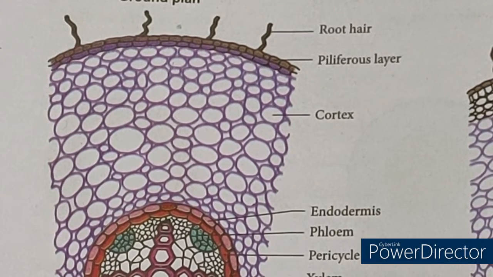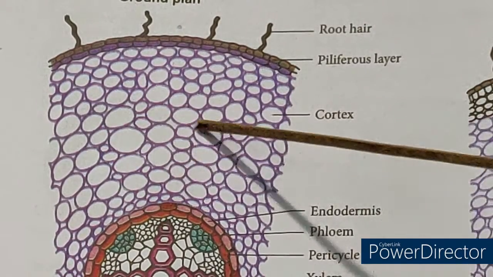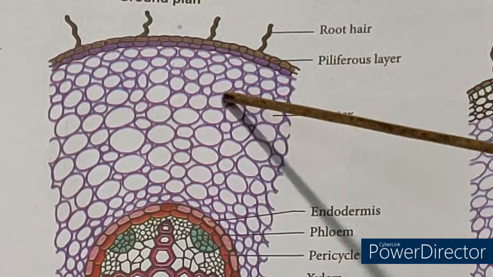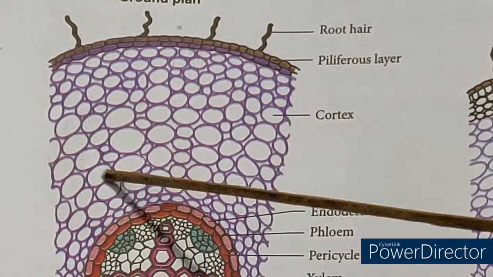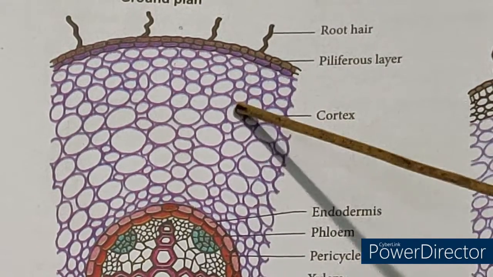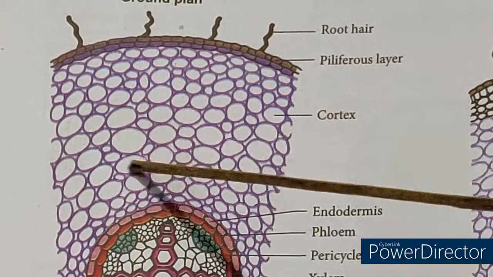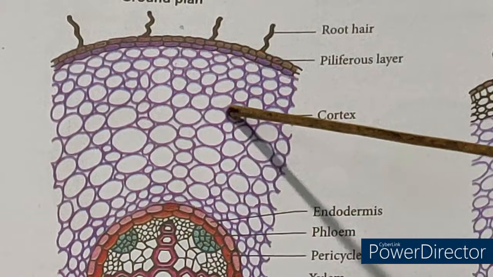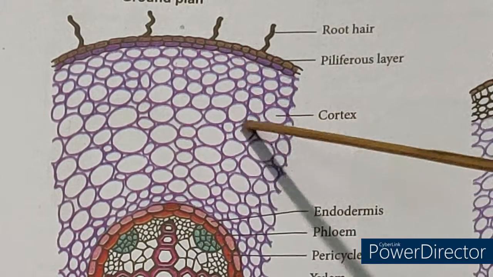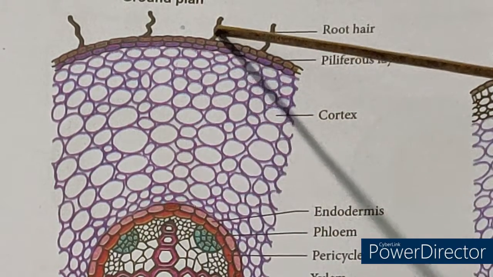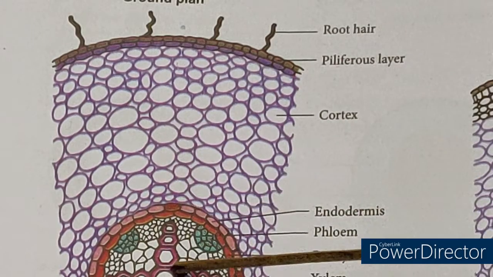Then the second layer is cortex. If you look into a ground plan, as I showed properly, the whole group of cells is known as cortex. They are multi-layered, that is, found abundantly one above the other. It is the largest zone compared to epidermis, endodermis, and vascular bundle.